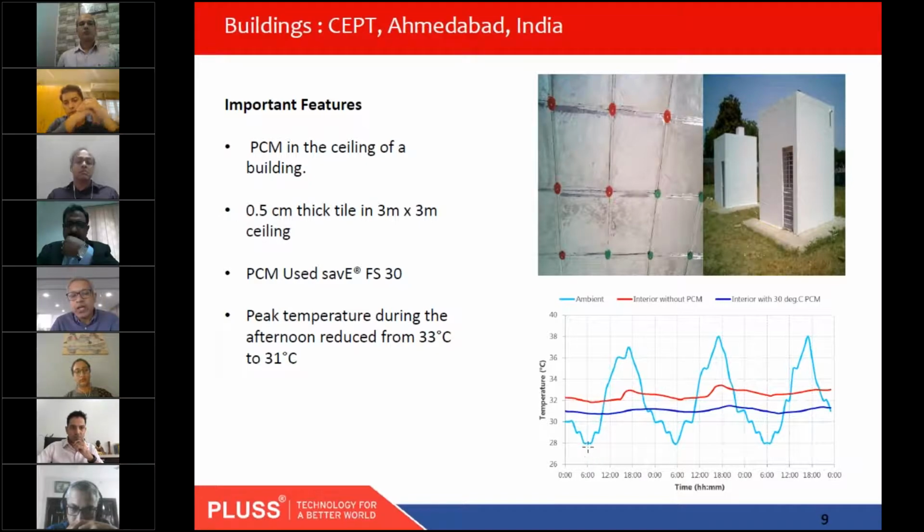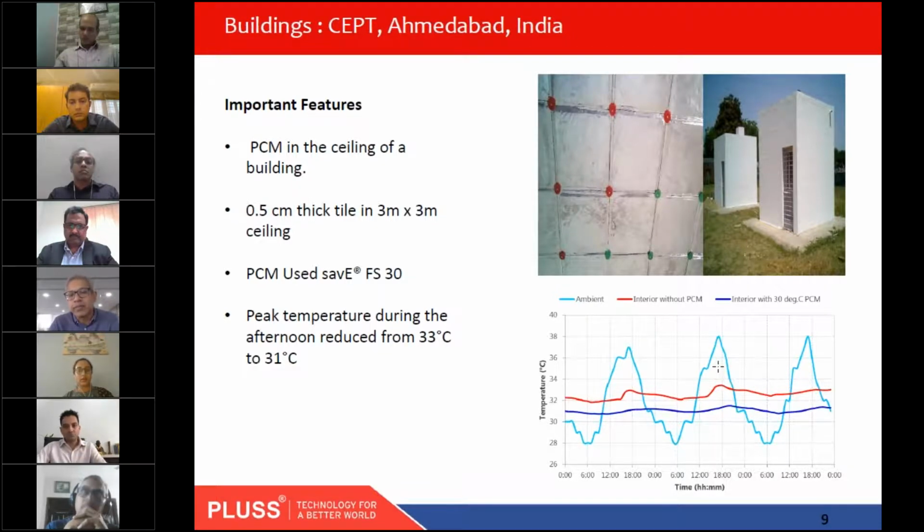So while you have variations which are drastic, the temperature inside the room is maintained in a ambient temperature of approximately 32 degrees Celsius or so, with just free cooling that you get because of the diurnal temperature difference in a city like Ahmedabad.